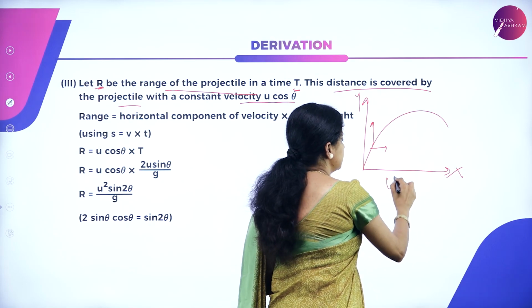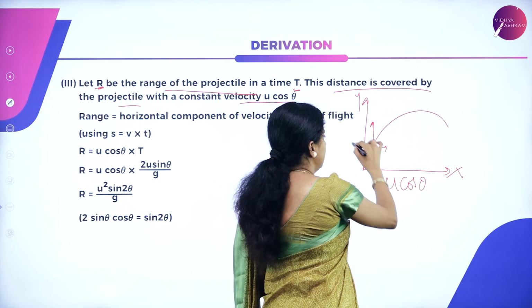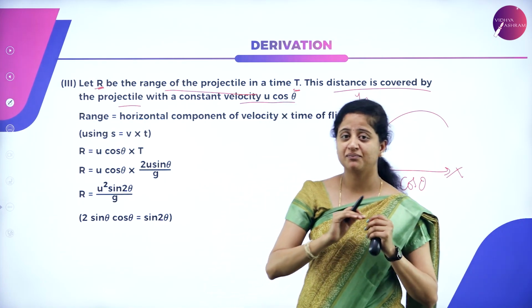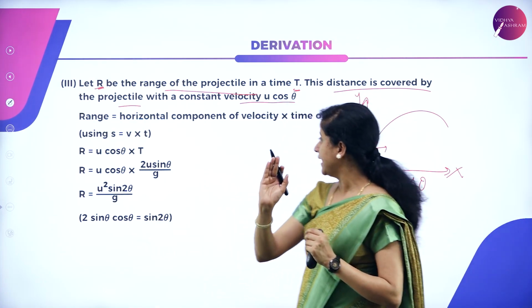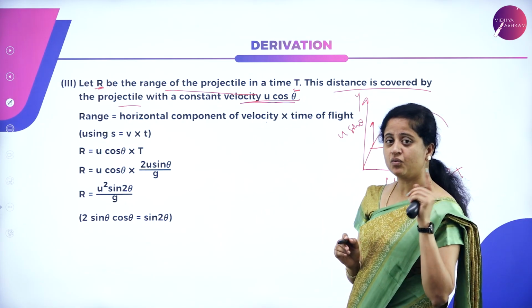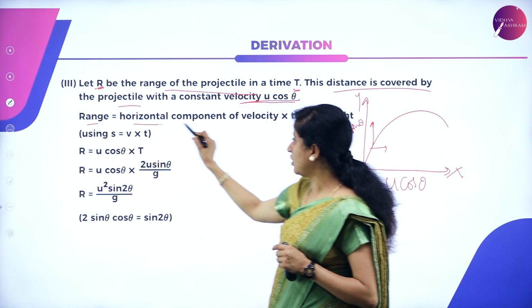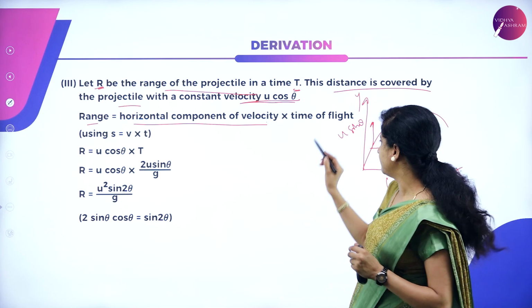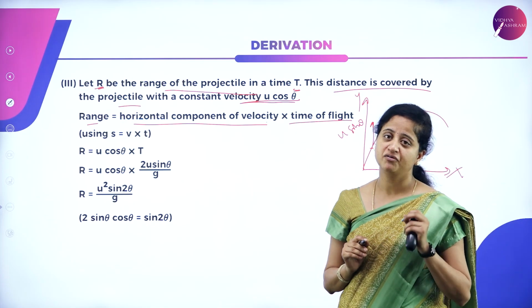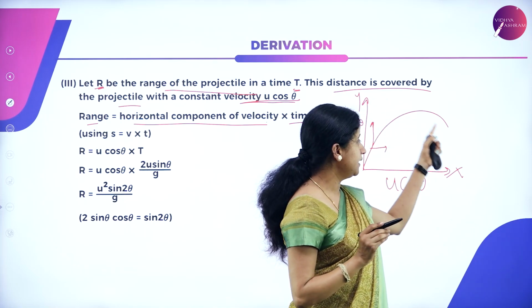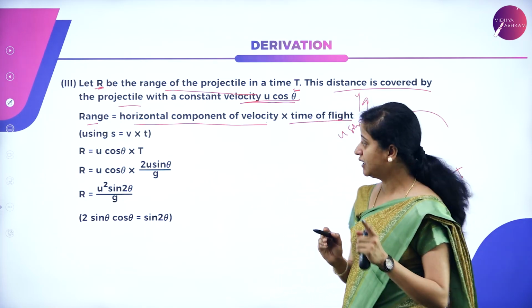Along the x axis the velocity is u cos theta, along the y axis it is u sin theta. Here we are talking about the maximum horizontal distance, and hence the velocity is u cos theta. So what is range? Range is nothing but the horizontal component of velocity into the time of flight.